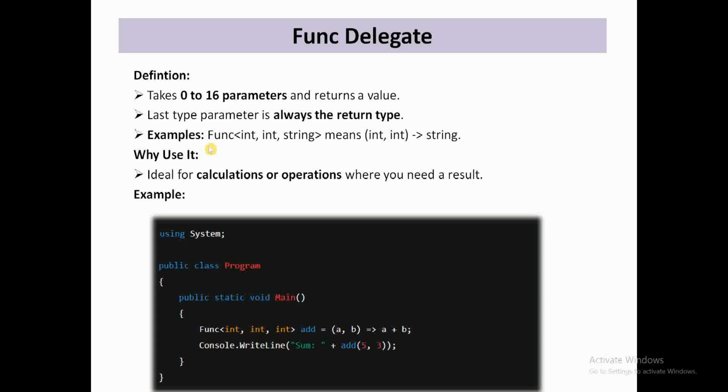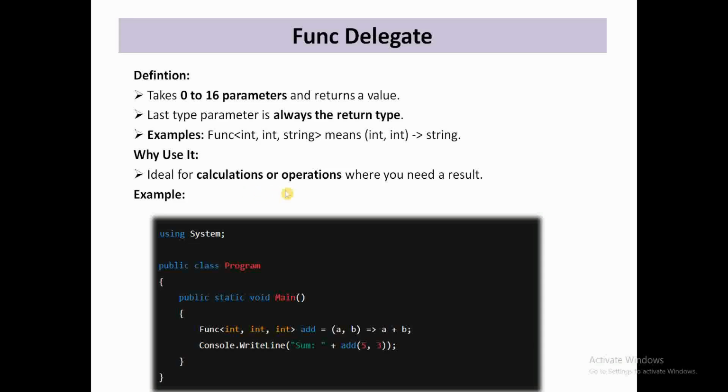Here we have the example, a Func declaration, the Func keyword, and here we have three parameters, but for the first two parameters we are providing the values, and the third one is the return type, that is a string. It means integer and integer are the parameters and string is the return type. So why use it?